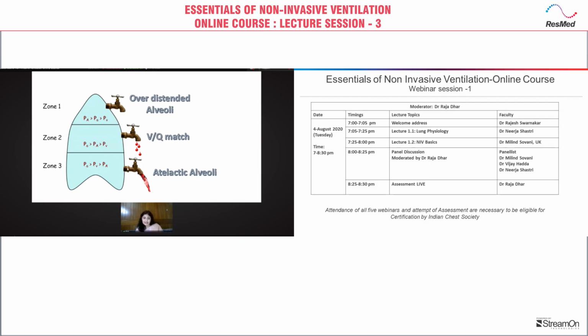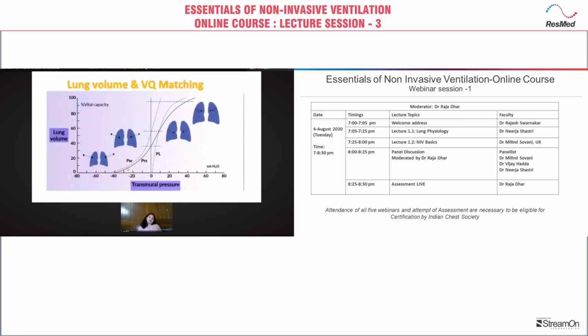And go to the bases, the ventilation is less, but the perfusion is more. So at the apex of the lung you have wasted ventilation, and in zone 3 you have more shunts. Where exactly is this VQ matching happening physiologically? This is happening at zone 2. I'll talk about what zone 2 is.